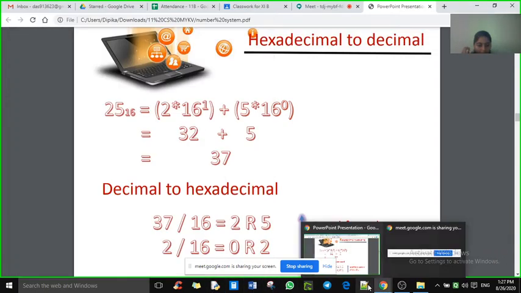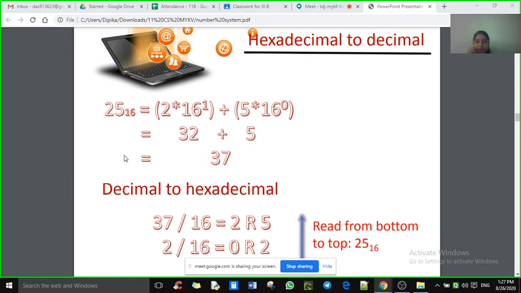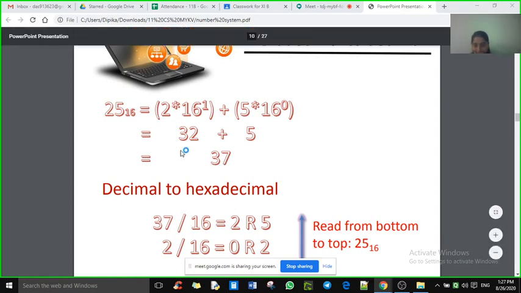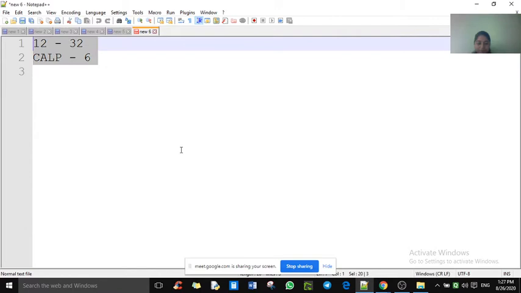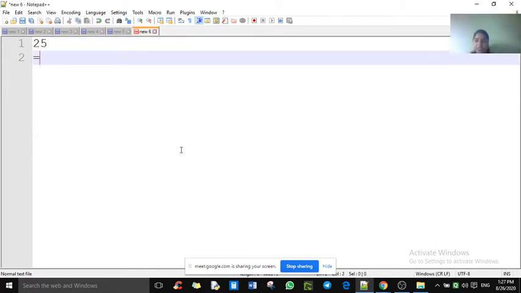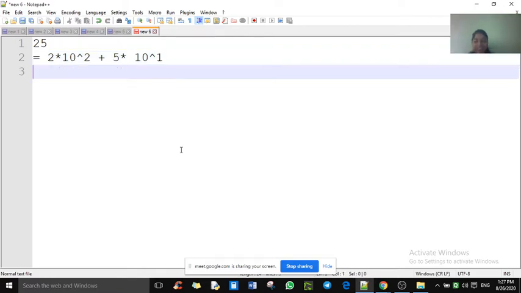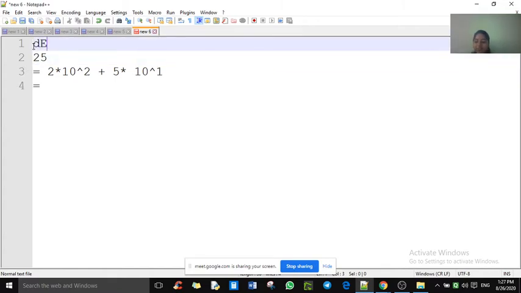So its base is 10. How will I split it? 2 into 10 to the power 2 plus 5 into 10 to the power 1. Correct. So this is the answer that was expected considering 25 as decimal.